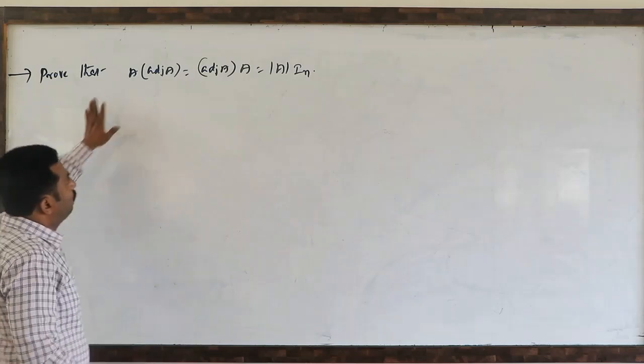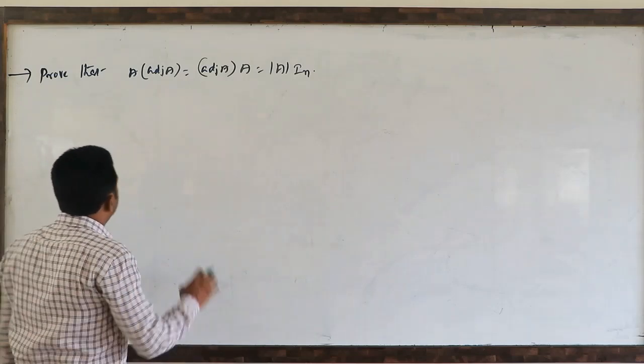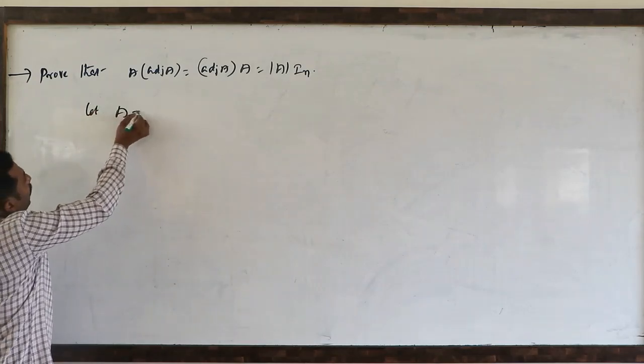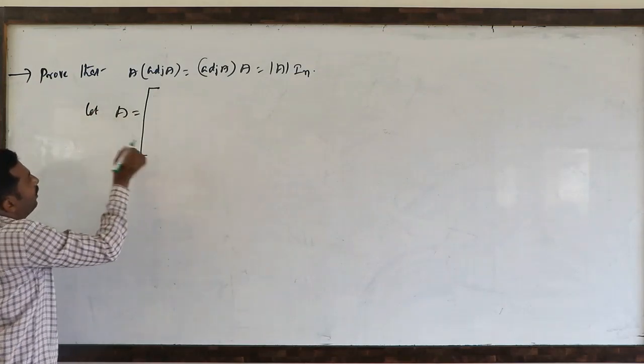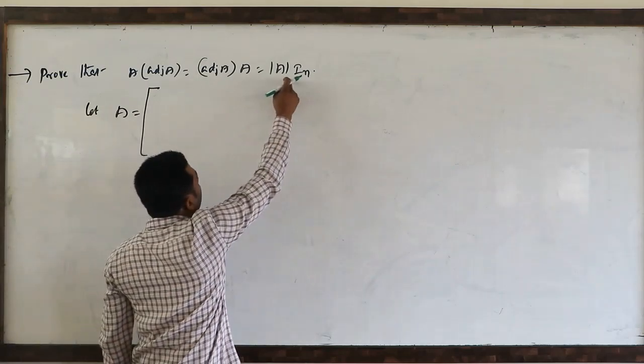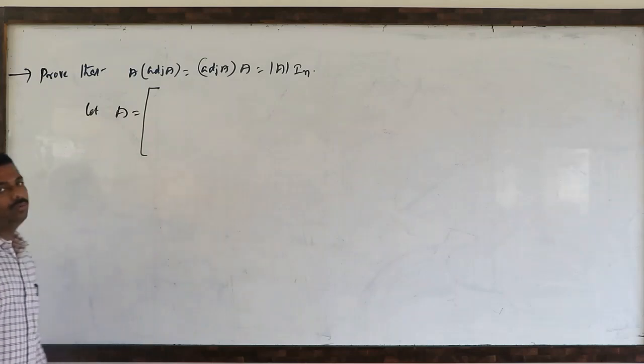Just for understanding purposes, we are considering A to be a 3 by 3 square matrix, so we have to prove determinant of A into I3.